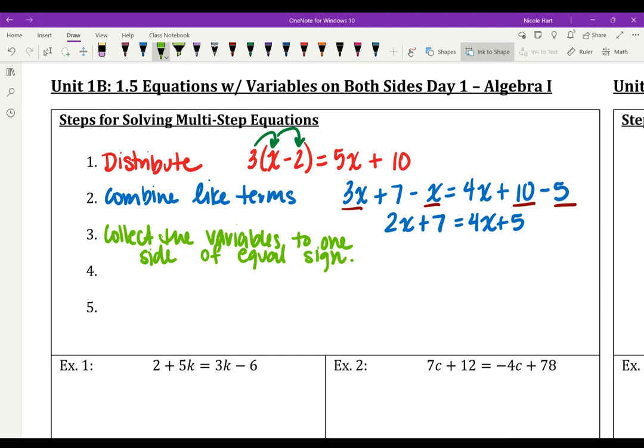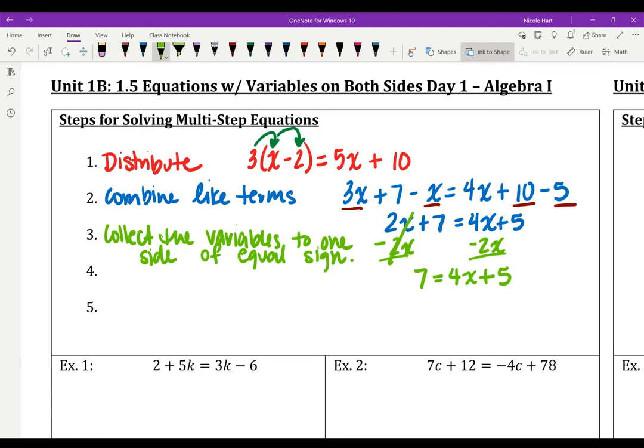It really doesn't matter. For example, if you are looking at our 2x plus 7 and 4x plus 5, I want to get the x to one side, so I can subtract 2x, and we are left with 7 equals 2x plus 5.